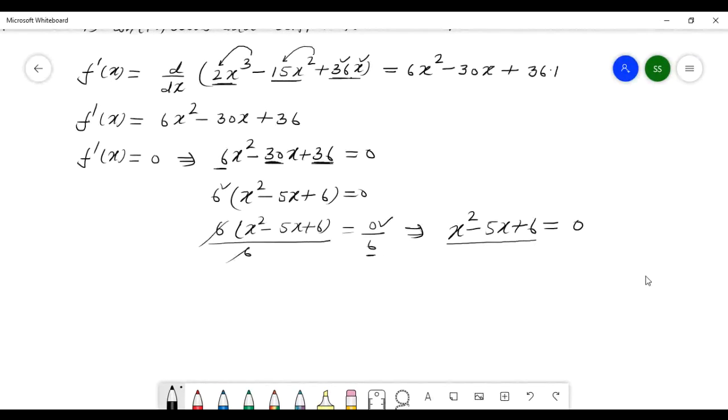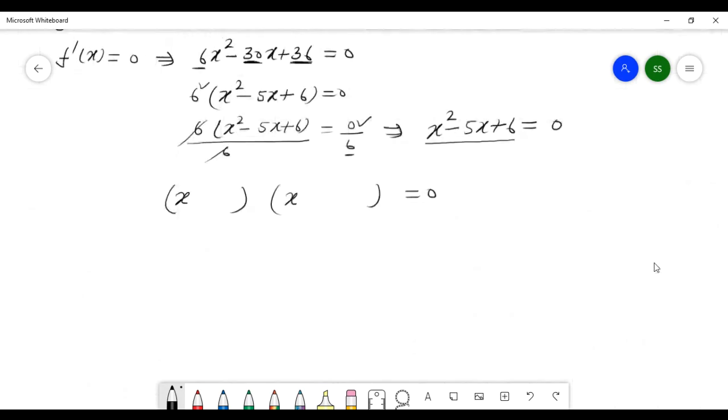So how to find x here? Factor x^2 - 5x + 6 = 0. I will explain how to factor. Here we have 6 and here minus 5. You take minus 2 times minus 3, which is 6, and minus 2 plus minus 3 is minus 5.